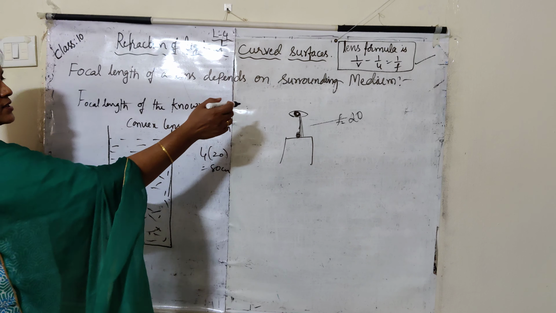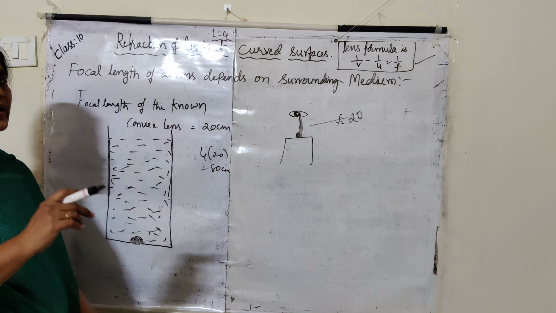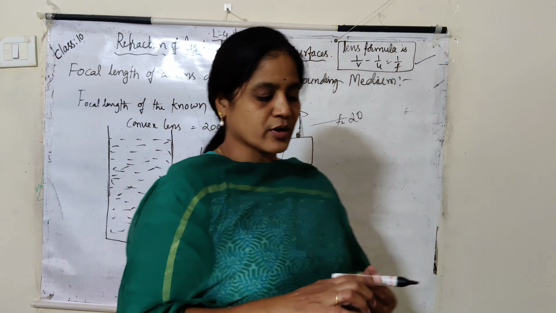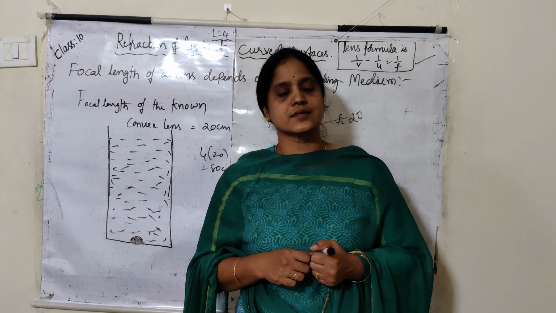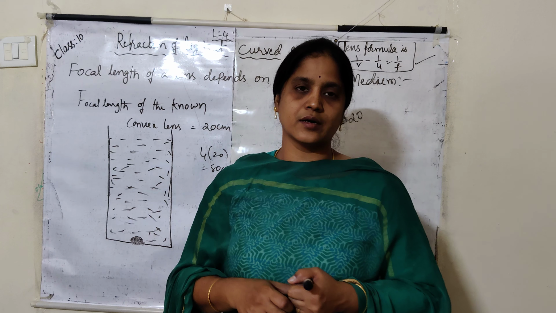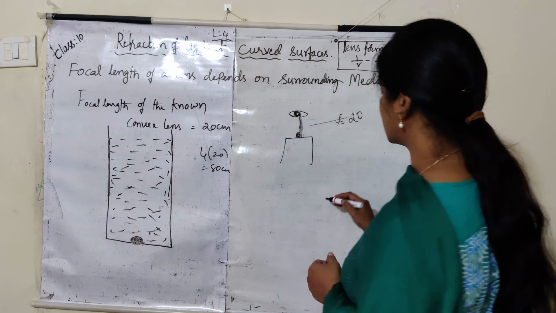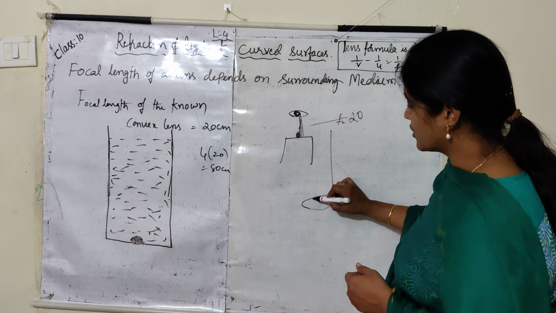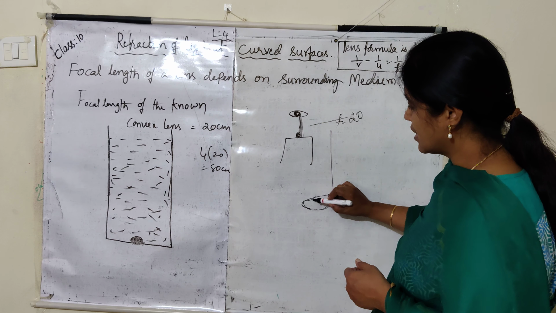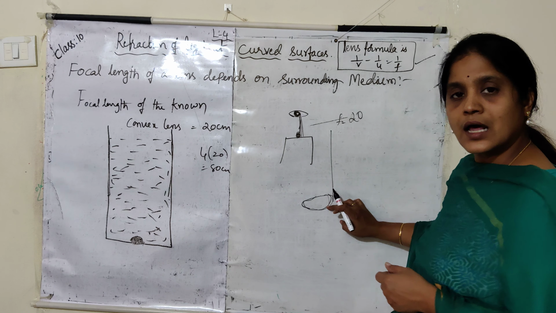Then by using the same lens, which you cannot hold with your hands, we use a lens holder. The lens holder is like this, and in between we can keep the lens. This is known as a lens holder.